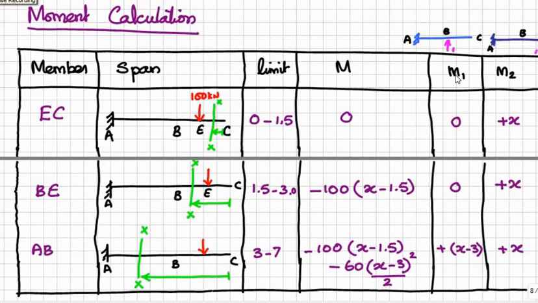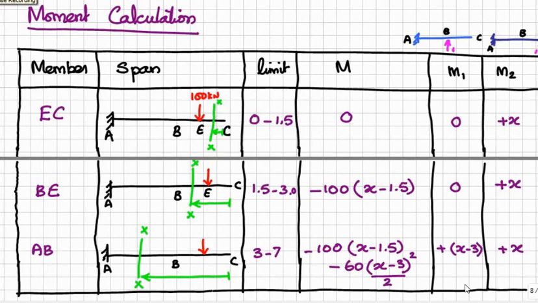Again, small m1 is nothing but the unit load acting at B. But our section is at this distance. So on the right side we have that unit load acting at B in the upward direction.